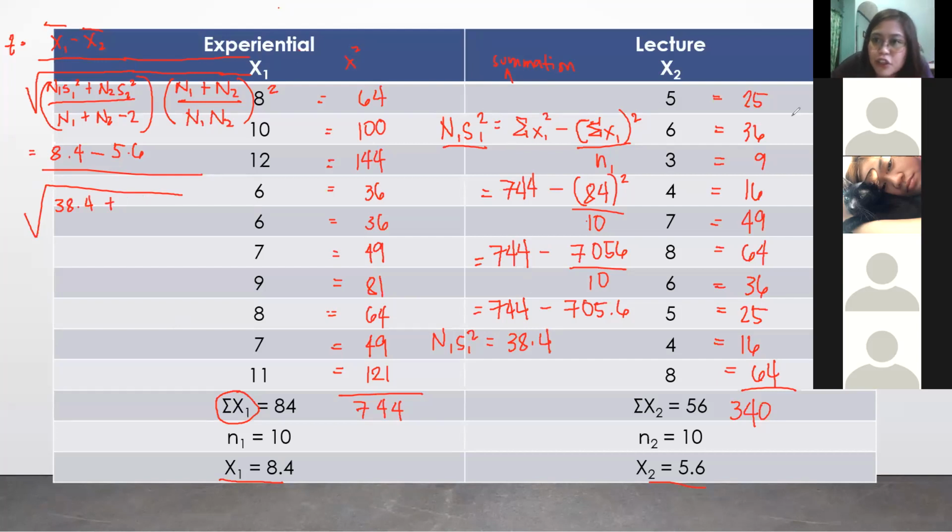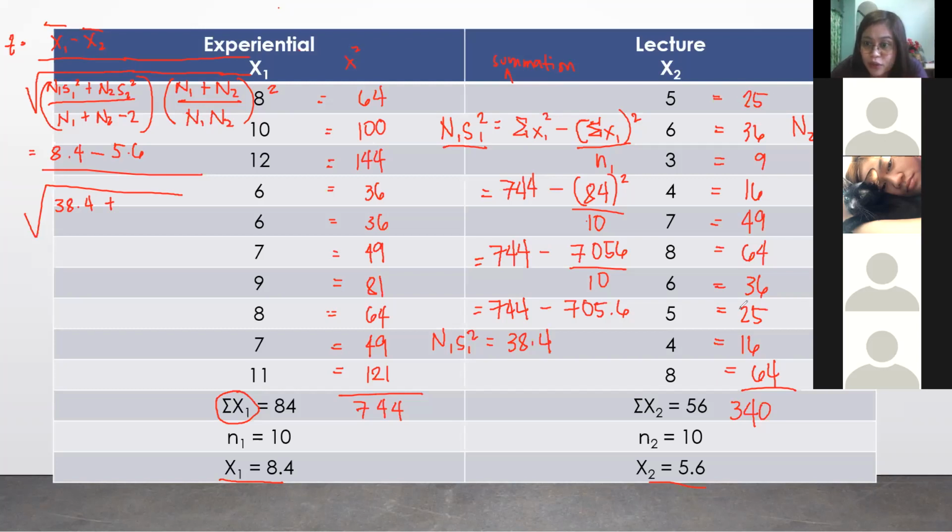For the second group, it's the same thing. N2 S2 squared equals summation of the scores of the group 2 na gi-square minus the summation of the scores of the group 2 na square na pod and then divided by the number of samples sa group 2. So pila to atong na-compute. This one is the summation of all the scores nga gi-square.